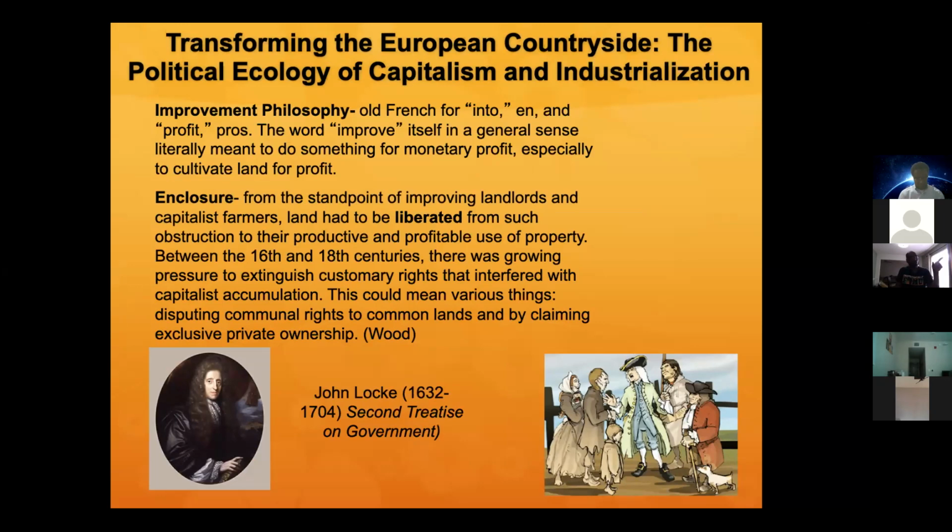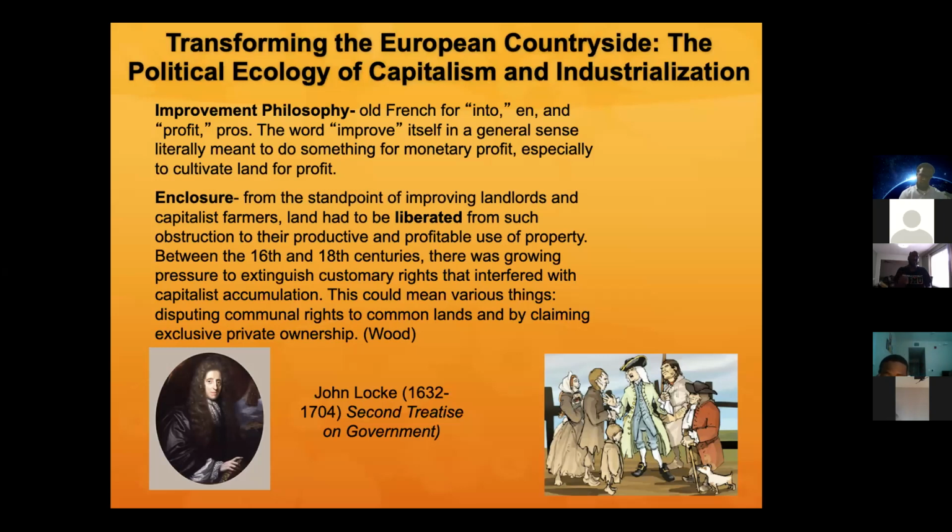I'm not sure if folks are familiar with the enclosure movement. This is a period in time in Europe where land that was once held in common by European peasants was then privatized. It was enclosed, right, to give birth to the industrial revolution and an emerging free market economy, capitalism, right?